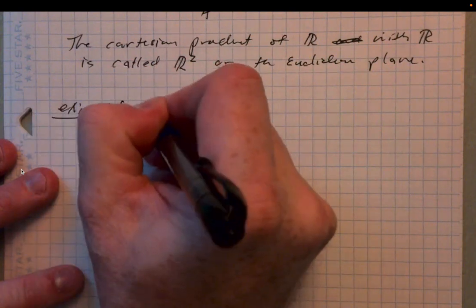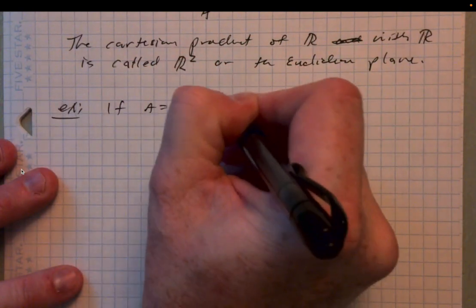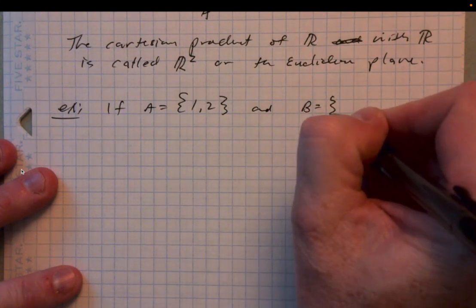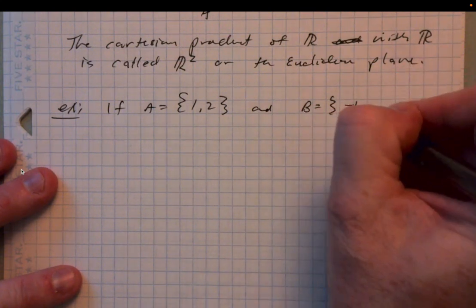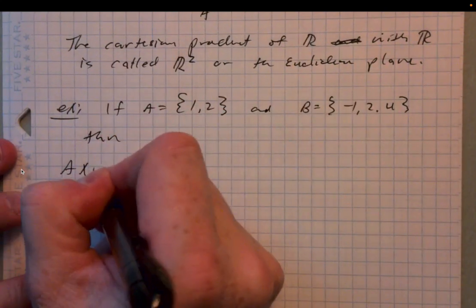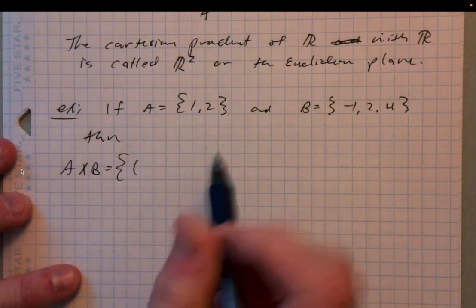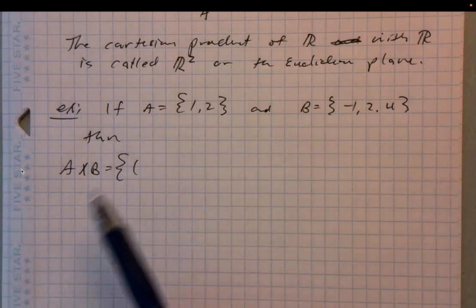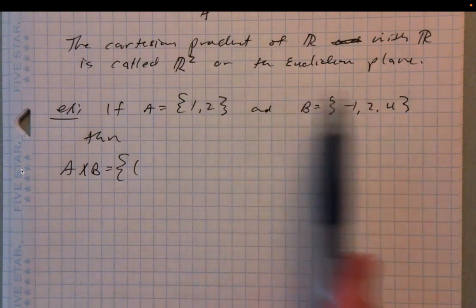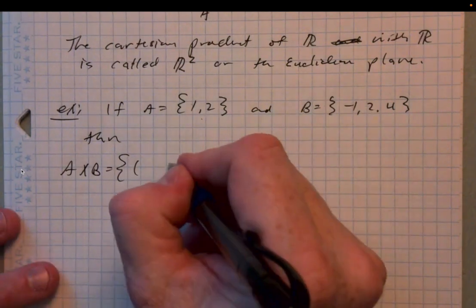So a simple example, right? If A is equal to the set {1, 2}, and B is equal to the set {-1, 2, 4}, then A cross B would be, so how many elements are going to be in the Cartesian product? It's going to basically be 2 times 3, so there'll be 6 elements.